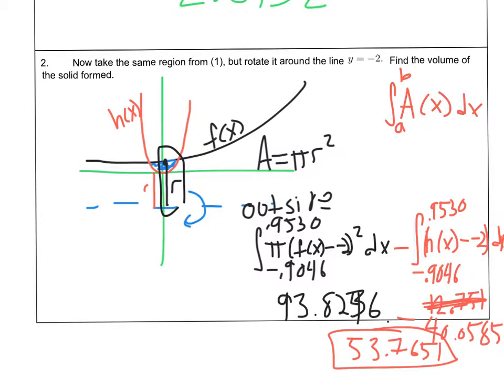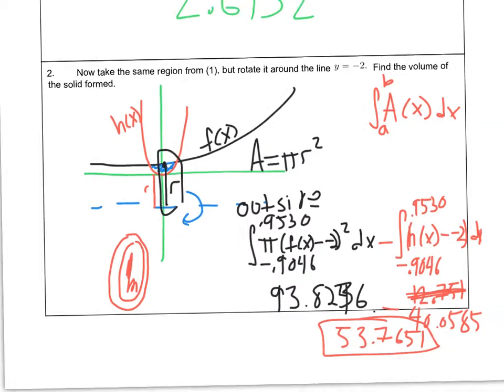Because we're doing a weird shape, it's going to be kind of a disc thing, where we have this outer layer in my awesome art skills, and then we're cutting out this middle part. That's how we did the top curve minus what we're rotating to get our first radius. That's the big one. And then the red radius is going to be the bottom curve minus that rotation axis, just so we can get these radii to go into our equation.